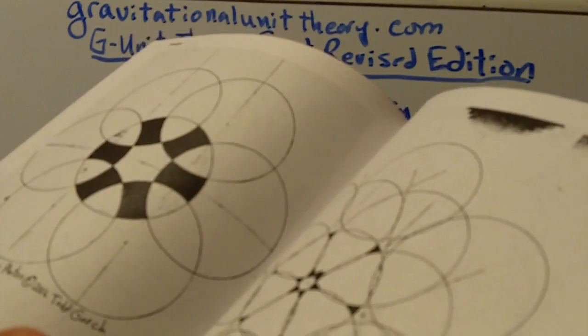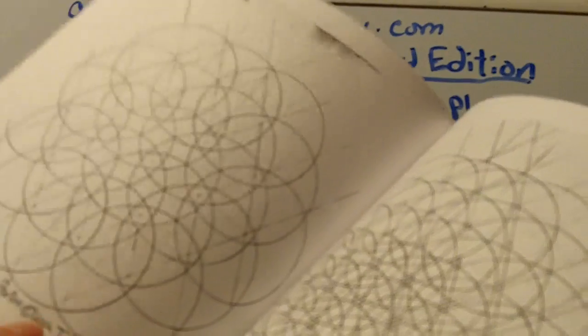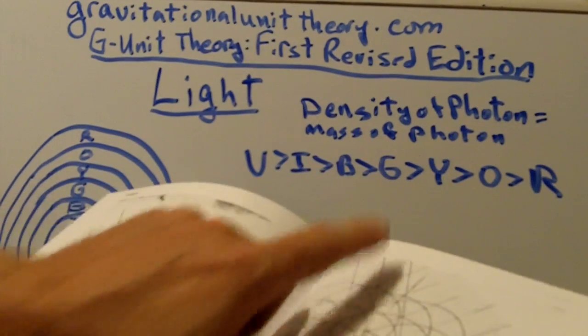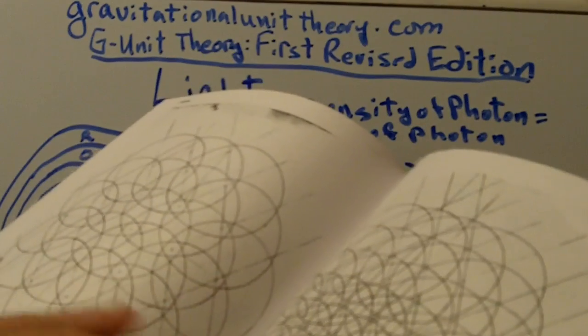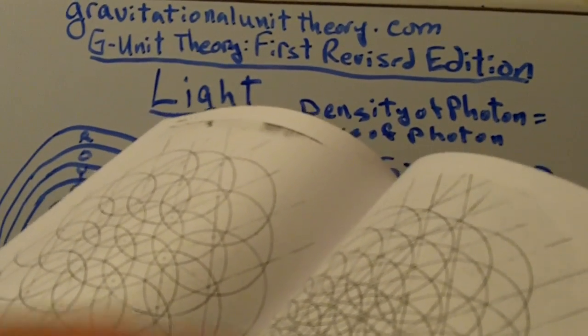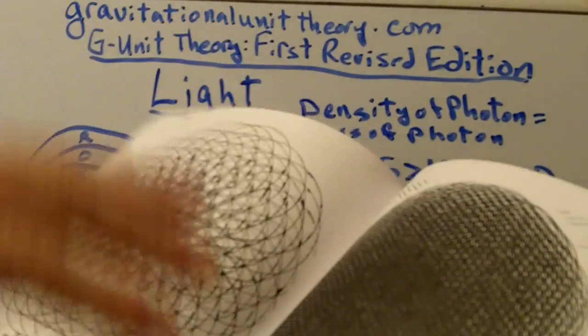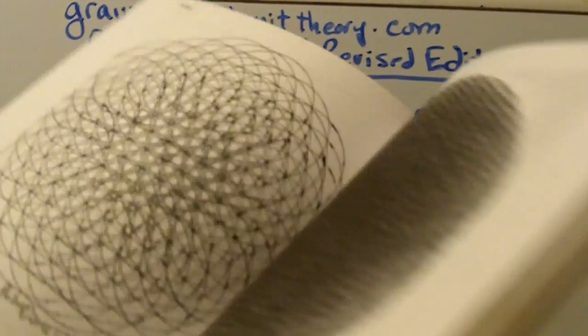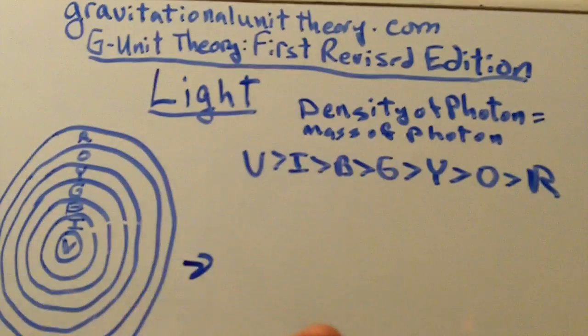When you follow it down, the concentrations of the light become more and more dense, and thus this correlation here. Never took the time to actually count them and figure out what their exact ratio and densities are, although it's something that I've thought about doing.